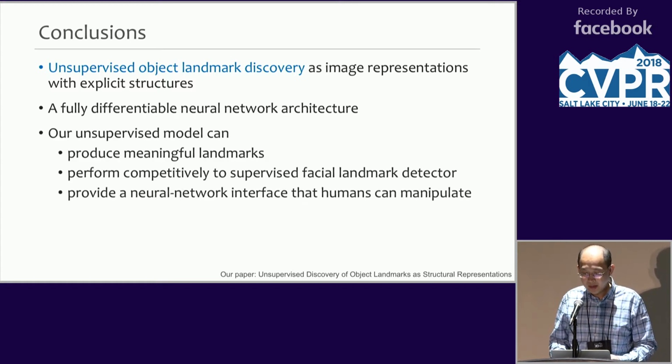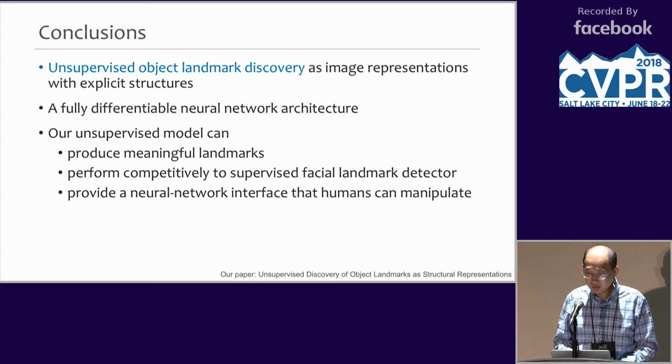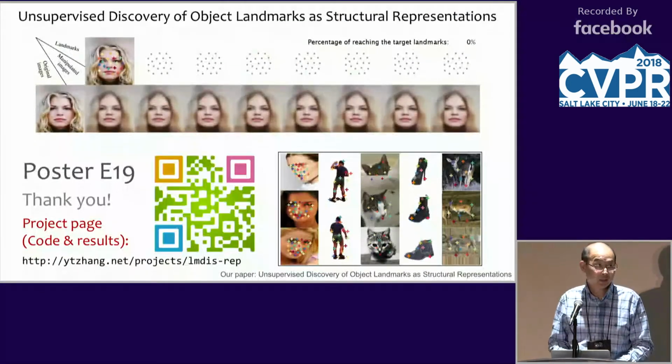And our unsupervised model can produce meaningful landmarks, show competitive performance to supervised facial landmark detectors, and provide a neural network interface that humans can manipulate. With that, I hope our work can inspire more studies on the unsupervised learning of perceptible and interpretable structures. Thank you very much for your attention.